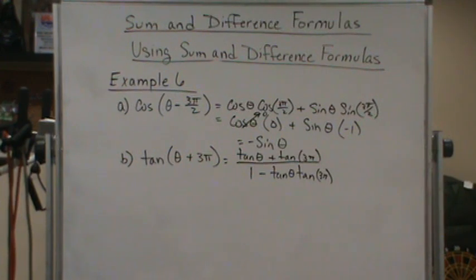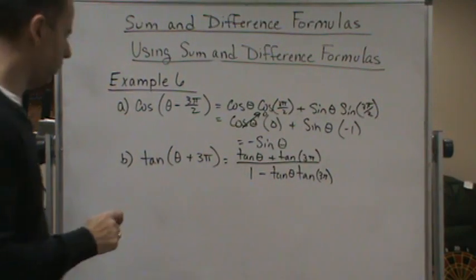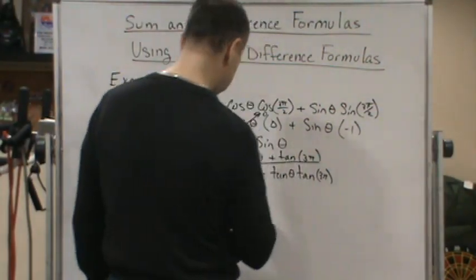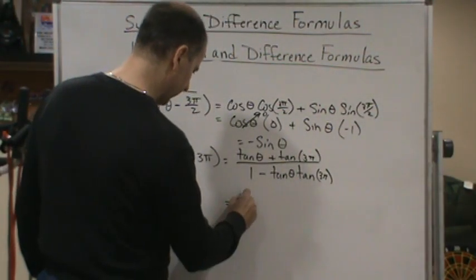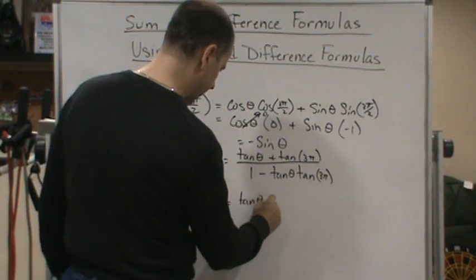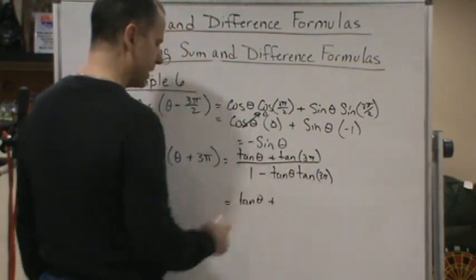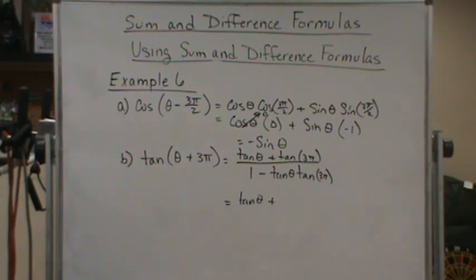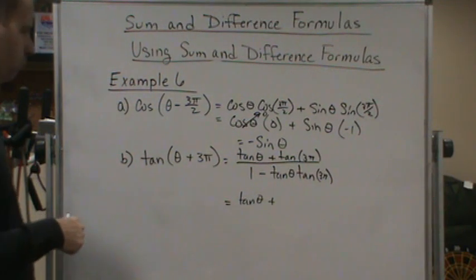Okay, so now all we're going to do is simplify this. We're going to get tangent theta plus... now, what's the tangent of 3 pi? Well, think about it.